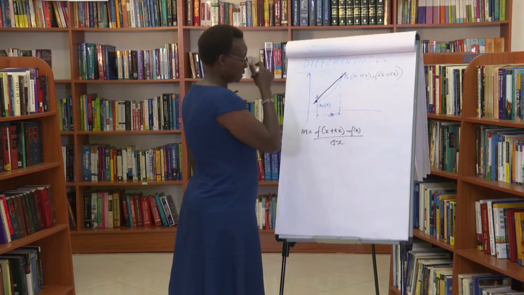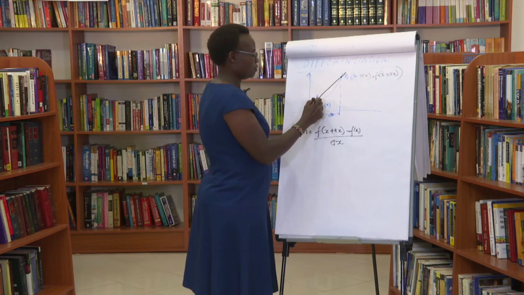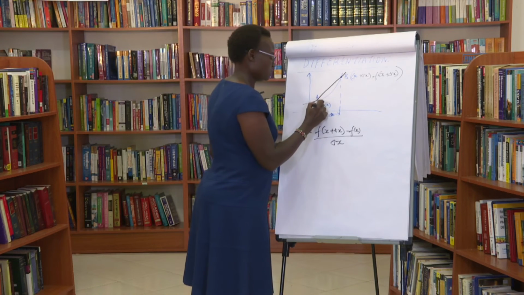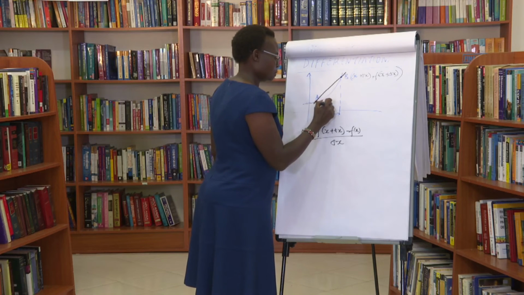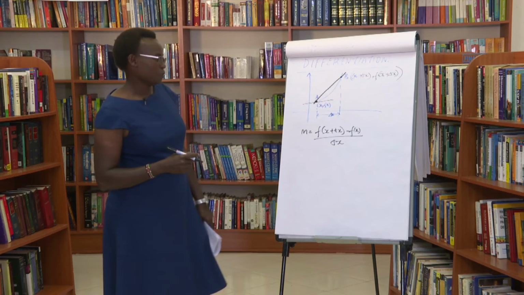Now, if we want to get the true value of the slope of this function at this point, we'll be getting the derivative of that function.